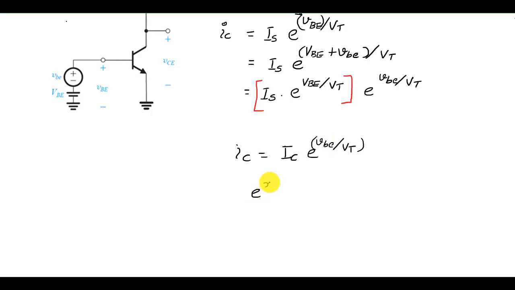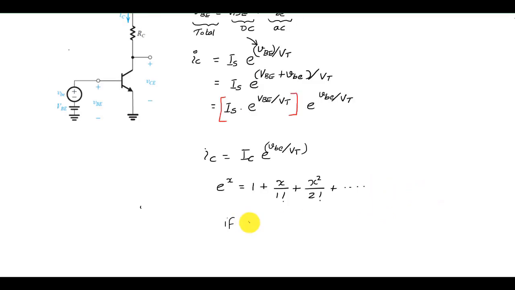e power x is expanded as 1 plus x divided by 1 factorial plus x square divided by 2 factorial plus etc. If x is much less than 1, this equation can be approximated to 1 plus x, ignoring the square and other higher power terms.